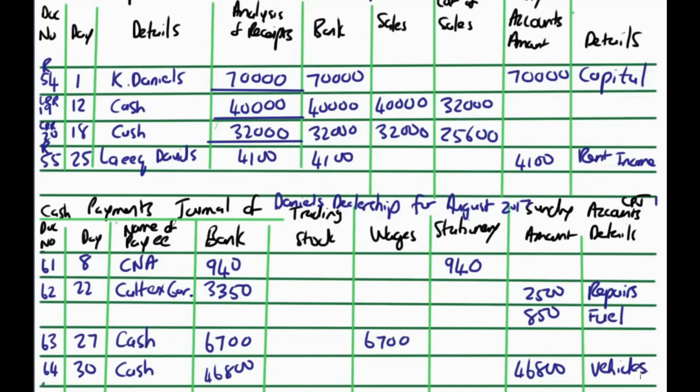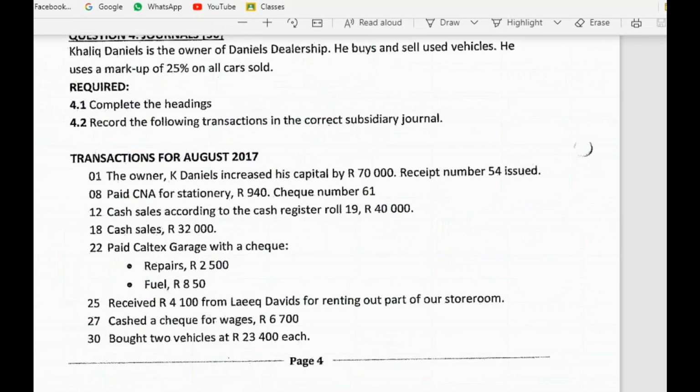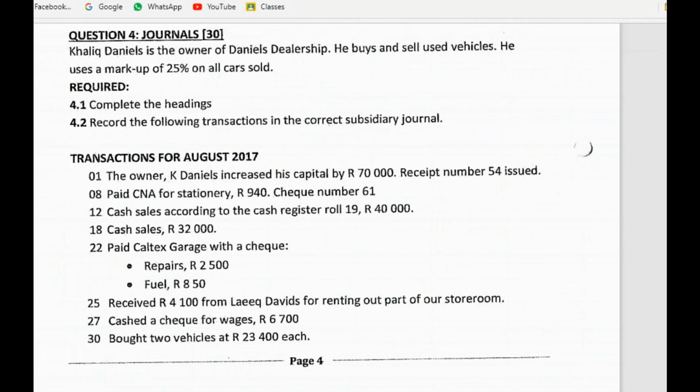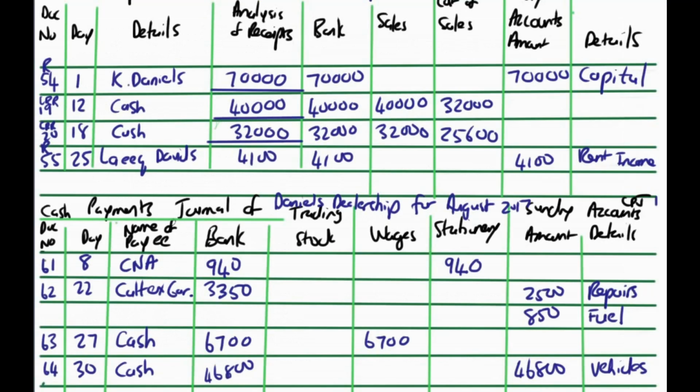So now I've basically entered all the transactions for the month. So the first thing was I did my headings. I sorted out my headings. Now I've entered my transactions in my cash receipts and cash payments journal. And then the last step is basically to do my totals. Okay, so I don't have to do a total for the analysis of receipts column, but I need to do the total for everything else, right? So I'm just going to make this, you guys don't have to do it in red.